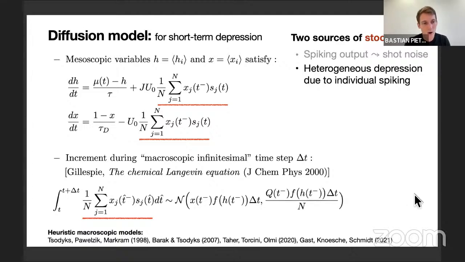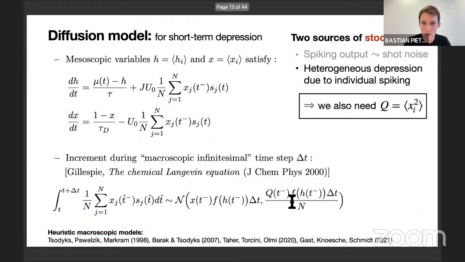While usually heuristic macroscopic models forget about this variance, we here explicitly account for the variance as well. We see the variance here scales with 1 over n, so we really have these finite size fluctuations. And on top of that, we have this factor Q in here. Q is basically the second moment of all the xi's. And our mesoscopic mean field model will also describe the second moment of the xi's of the resources.